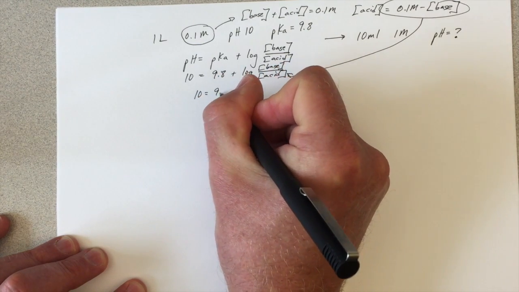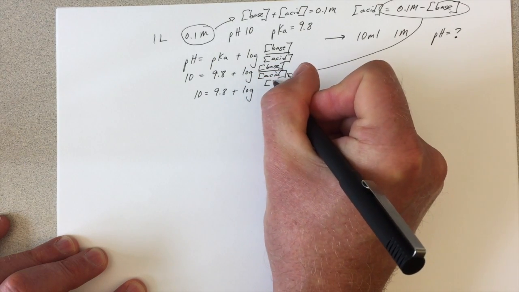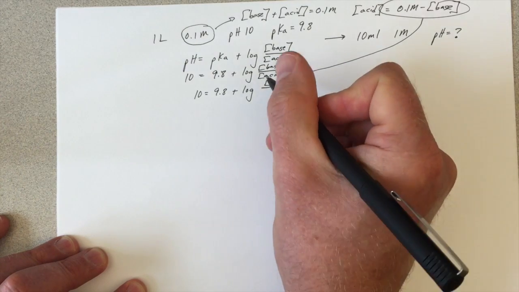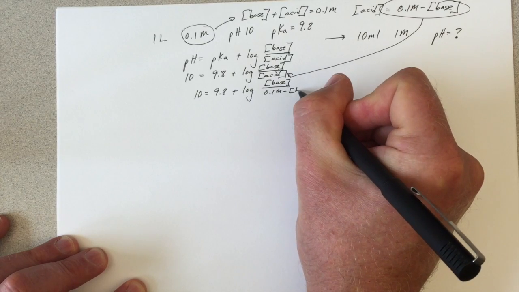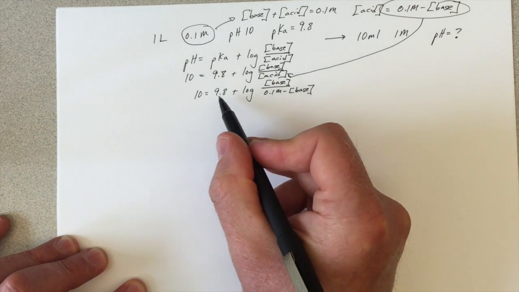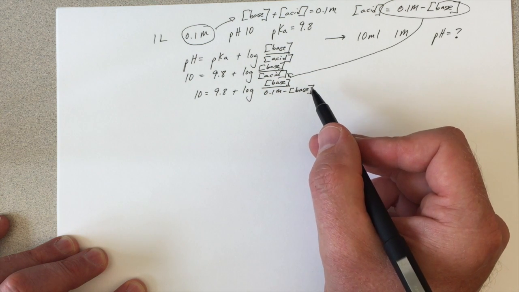So I'm left with this equation: 10 equals 9.8 plus log of the concentration of base over, instead of concentration of acid, 0.1 molar minus concentration of base. Mathematically, I'm in good shape now. I've got 1 equation and 1 unknown, and I can solve for this.